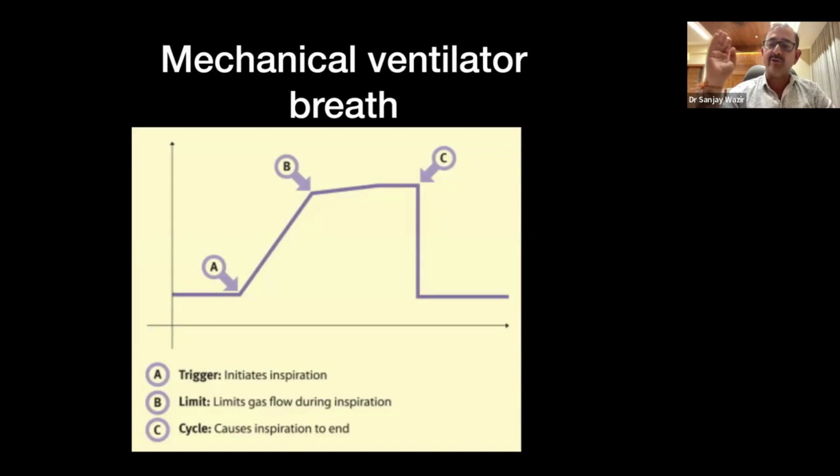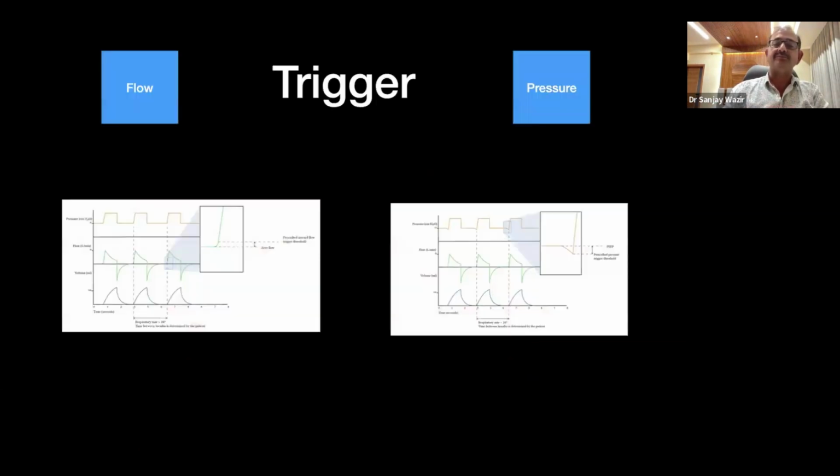And then you also need to tell the ventilator, please stop the breath now and let the baby breathe on its own. So starting, limiting, and cycling. These are the three things to keep in mind, the factors responsible for a mechanical breath.